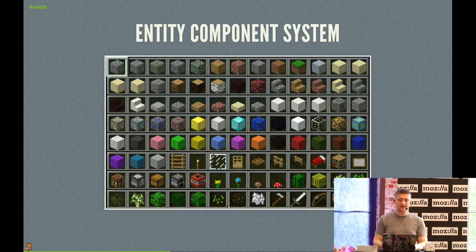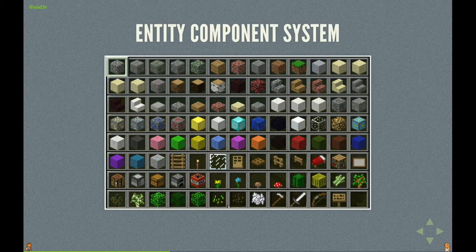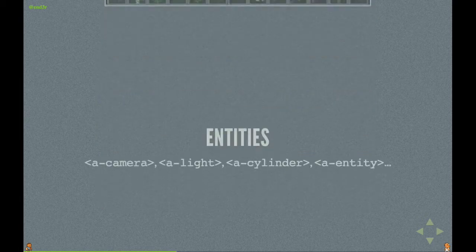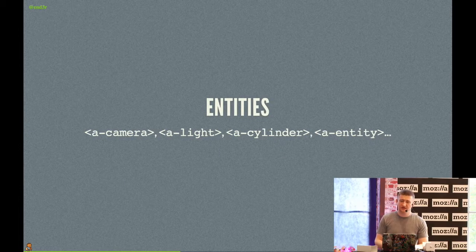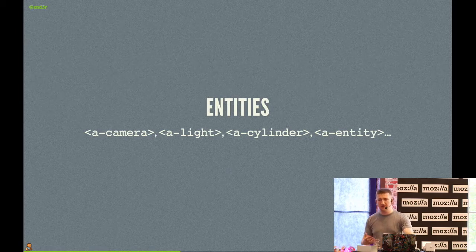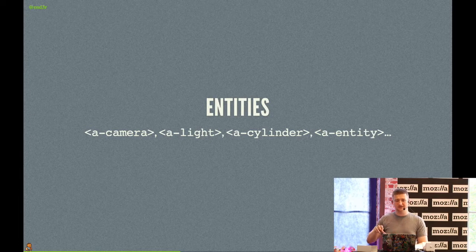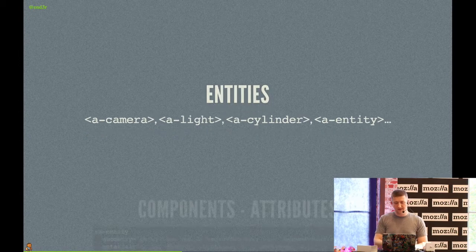So A-frame is implementing the entity component system. If you did some game dev, you may be familiar with that concept. So A-frame is using entities like a box or a cube, the camera, the light, and everything, which is set up by the A scene. Everything there is an entity.